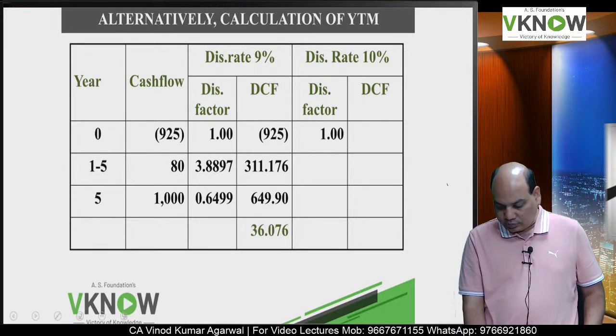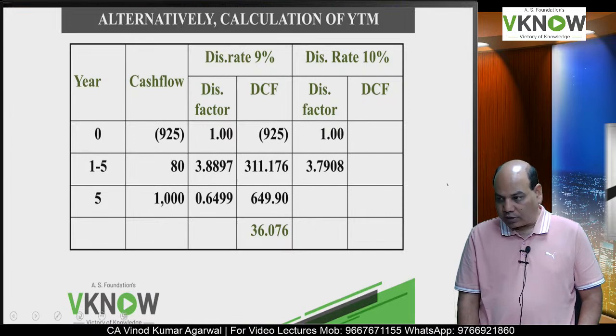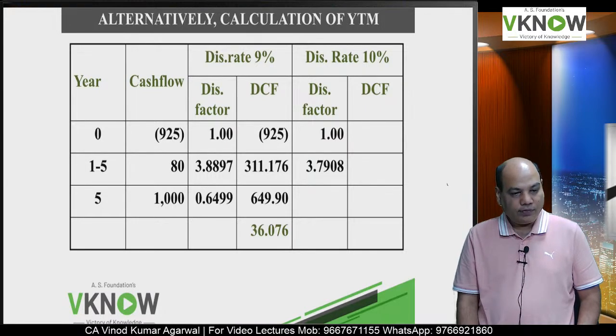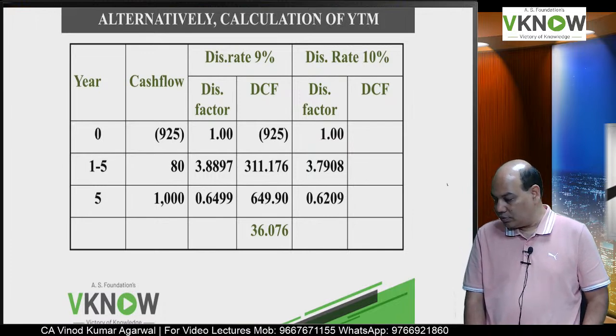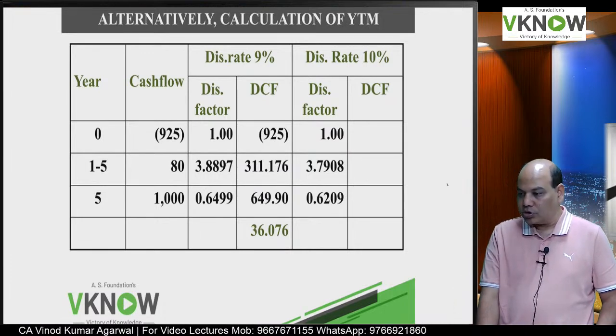Year 0 is 1. The factor for 10% and 5-year annuity is 3.7908, then 0.6209.